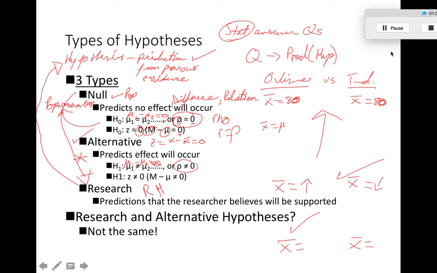Take another example if you want. Let's say, for instance, we have a drug that costs $1 million to make one pill, okay? And it's going to help alleviate the symptoms of this disease. So we have one pill that costs us $1 million to make, but it alleviates all the symptoms of a specific disease, whatever disease you would like. So then I come up with a new drug that costs me $1 to make, and it's as efficient in reducing the number of symptoms for that disease as the $1 million drug.